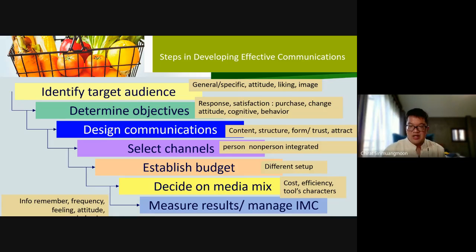Like here, you might think about information remembered by the consumer. You send a message to them very often per day, like two or three times per day, but they did not receive it. That means your communication might have something wrong. Or the frequency. That is the reason why many advertisements on television show every hour, every half an hour, to make sure that consumers perceive, understand and remember the product.